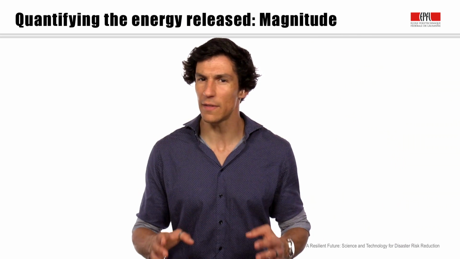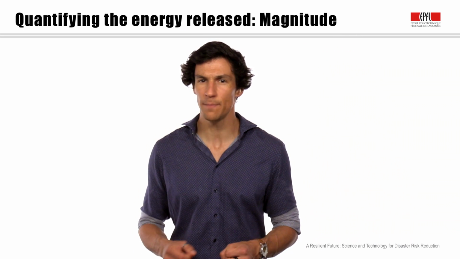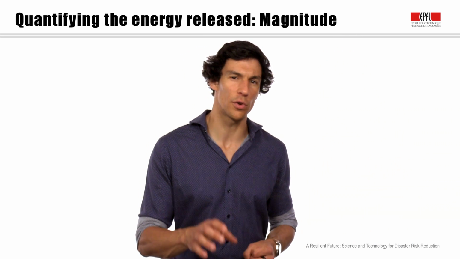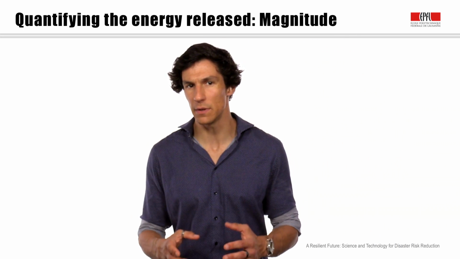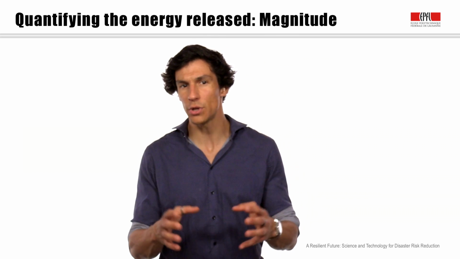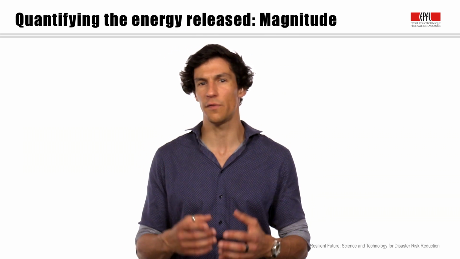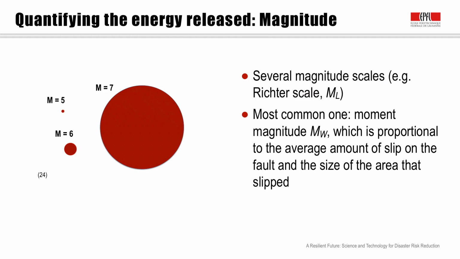Just to give you a rough estimate of the amount of released energy, consider that a magnitude 4 earthquake is approximately similar to the explosion of a small atomic bomb within a radius of 100 kilometers. An increase of one step on this logarithmic scale corresponds to approximately a 32 times increase in the amount of energy, which means that, for instance, a magnitude 7 earthquake is around 1000 times bigger than a magnitude 5 earthquake.